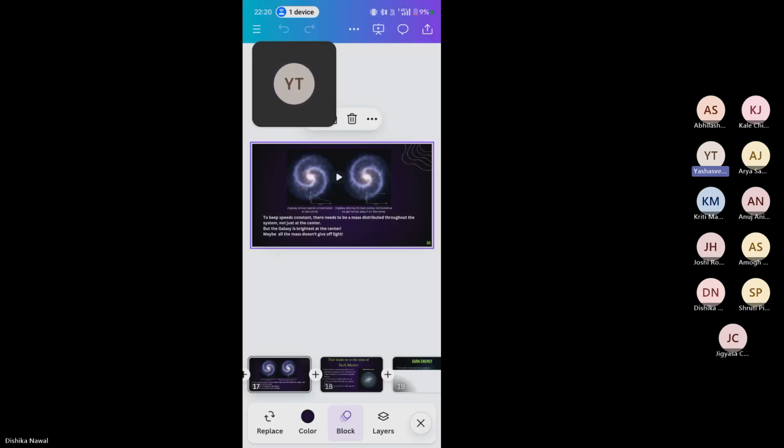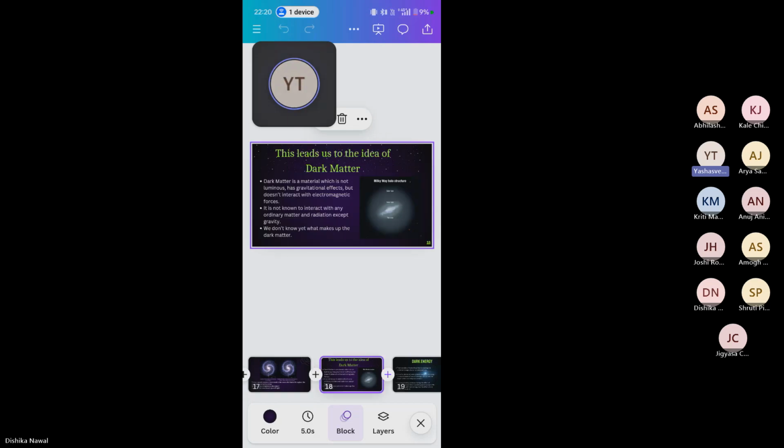The most prevalent explanation is that dark matter is made up of some undiscovered subatomic particles such as axions. Here is the Milky Way halo structure. The outer halo is representing the dark matter.